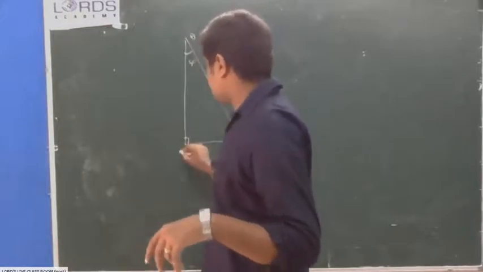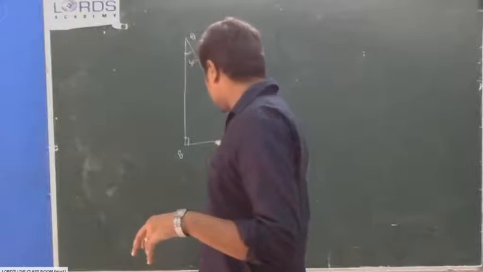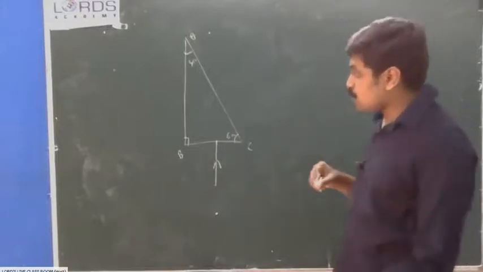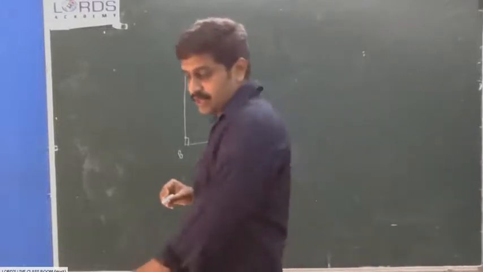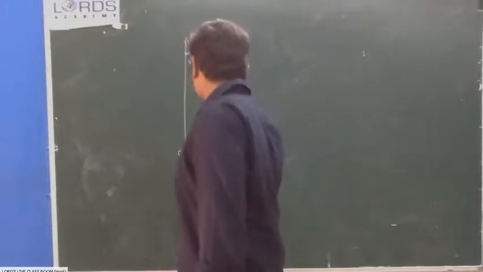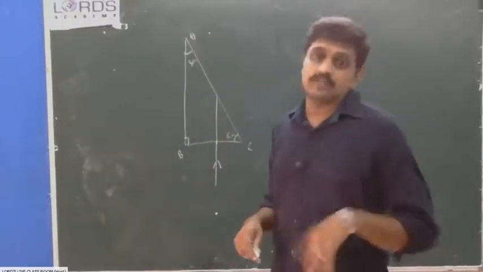ABC, and the light ray entered through the side opposite to 30 degree. What happened? It reaches here, because 0 angle of incidence, no deviation.